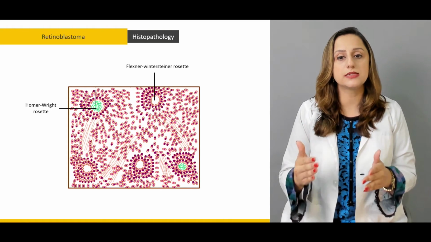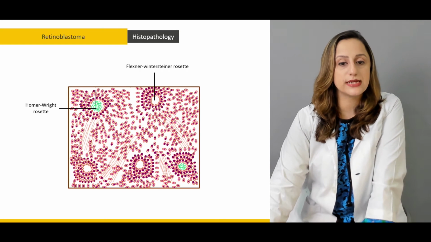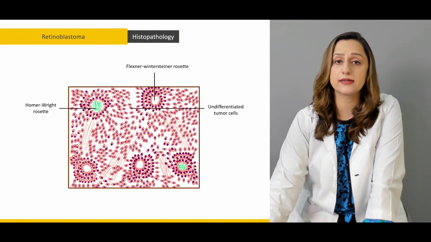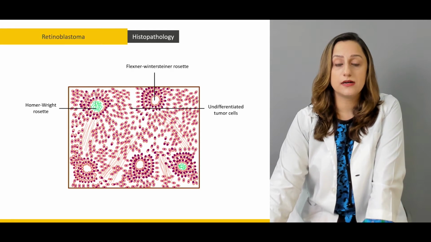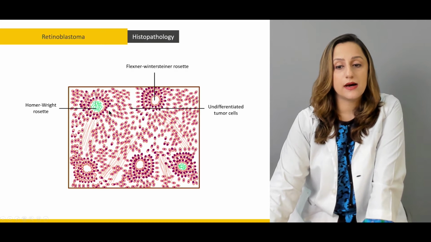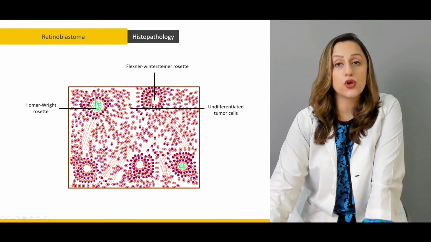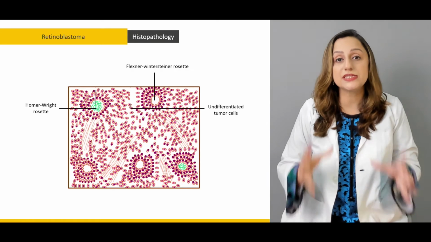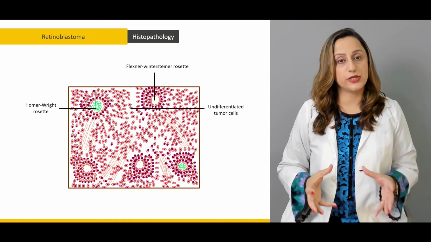So these are the terminologies that we're going to look for whenever we are looking at the slide of a retinoblastoma patient. The undifferentiated tumor cells are quite numerous, and these are the particular histological features that we look for to make a definitive diagnosis of retinoblastoma.